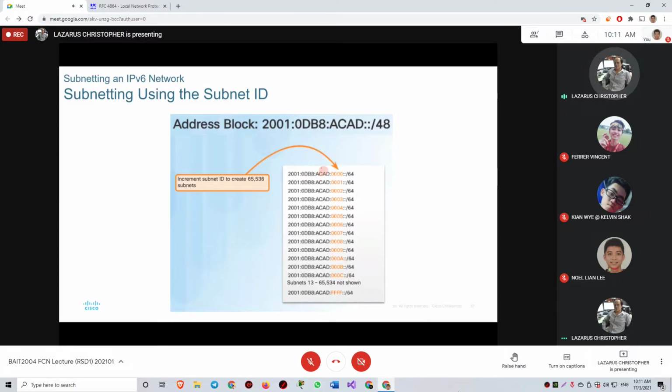The 48-bit is given by the ISP, and the RIR gives a range to the ISP. The ISP takes one and gives it to you as a customer. Then the 16-bit, you manipulate yourself and decide which subnet ID you want to give to which subnet inside your organization. So still subnet, but now no longer thinking about class A, B, C. There are no classes, right?